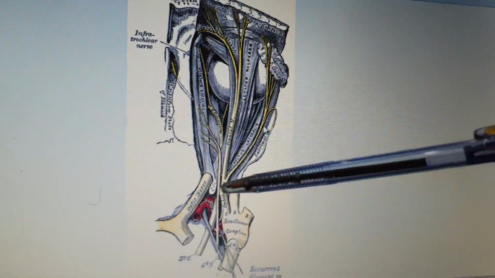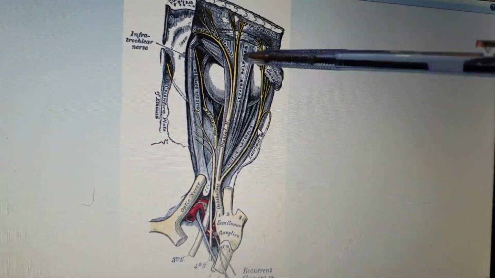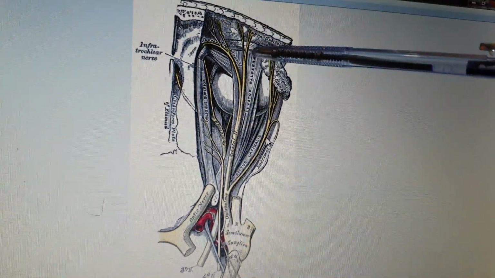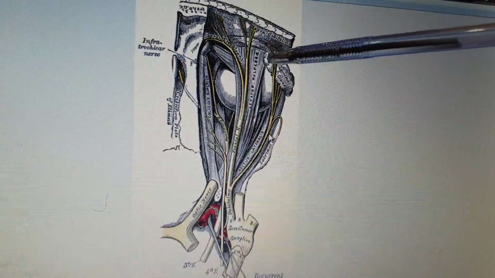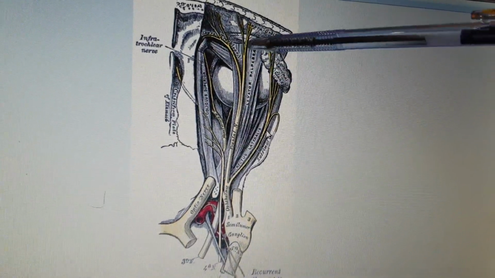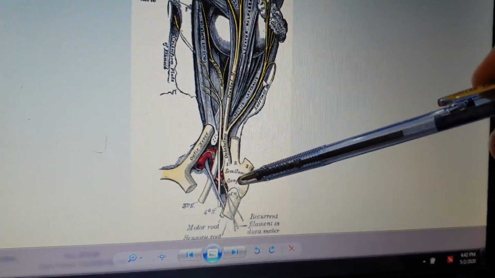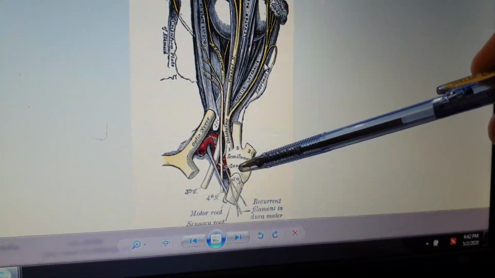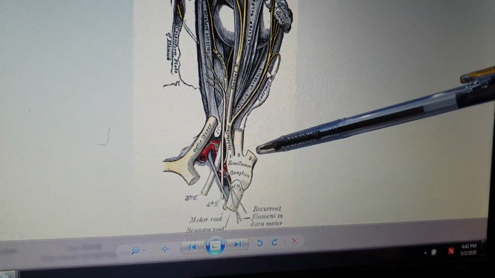So I will repeat. Let's just see what this diagram is showing. You can again see this orbit in which the superior wall or the orbital plate of the frontal bone has been removed, and you can see the eyeball with the superior rectus muscle over the eyeball. So this is the trigeminal ganglion, which is giving off its three branches, the ophthalmic, the maxillary and the mandibular nerves.